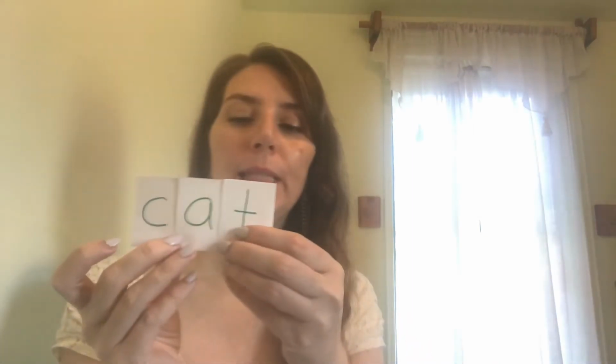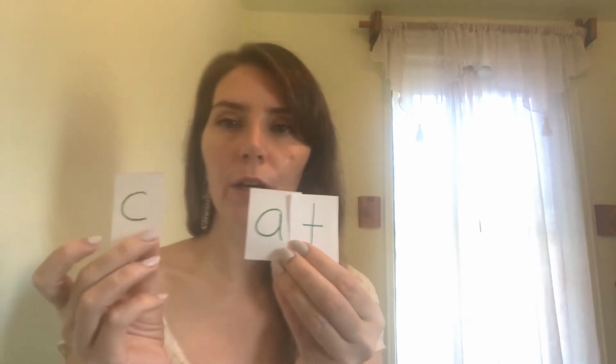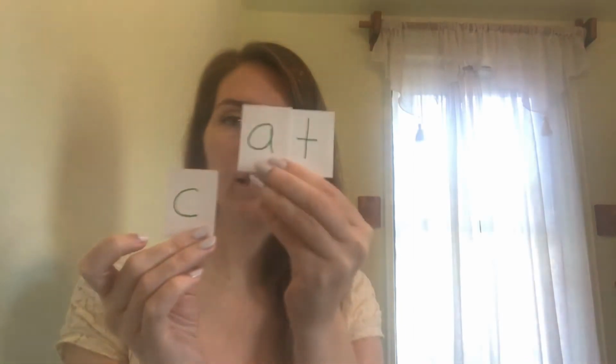The letter A makes the sound A. So when we see the A, we say A. And then when we see the letter T, we'll say T, because the letter T says T. So now we're going to blend this word. K, at, k, at, cat.